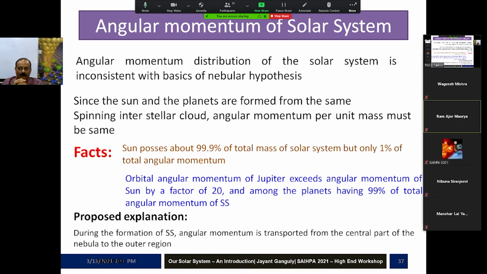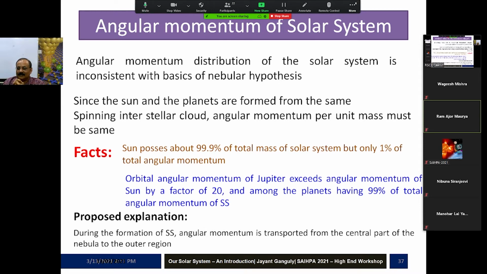But then there was a problem. It is seen that the angular momentum, that is the moment of the momentum, has a distribution that is inconsistent. Why is it inconsistent?